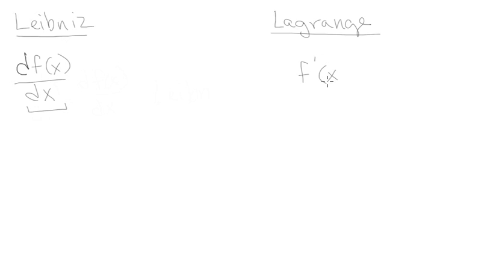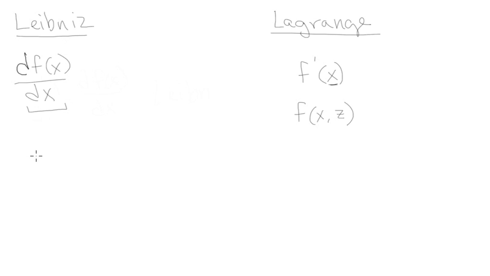So when you say f prime of x, it is implied that you're taking the derivative with respect to x. As we move on, you're going to see functions that are functions of multiple variables. And so Lagrange's notation stops being useful in a context where you have more than one variable.